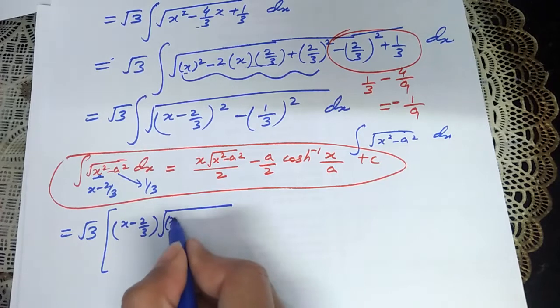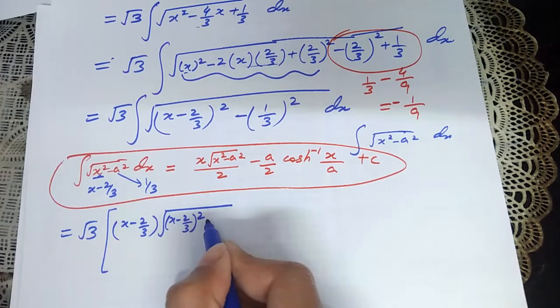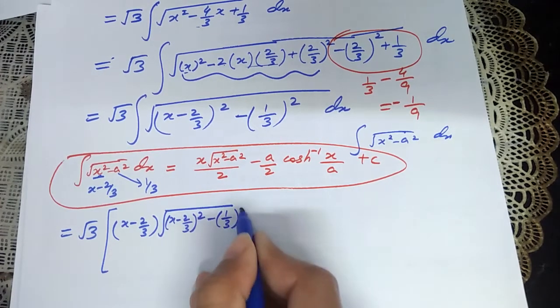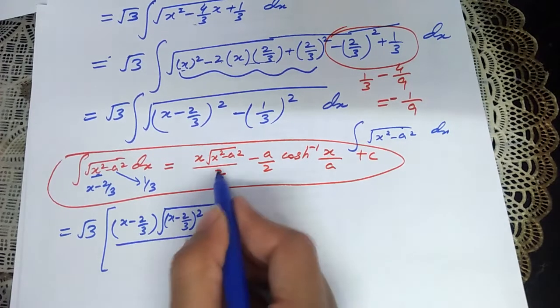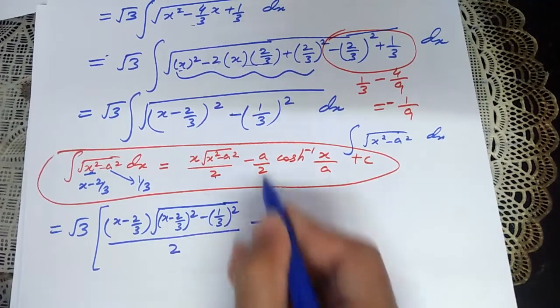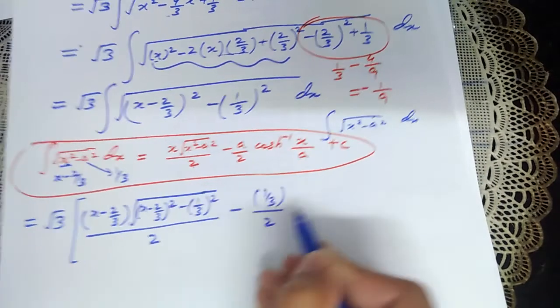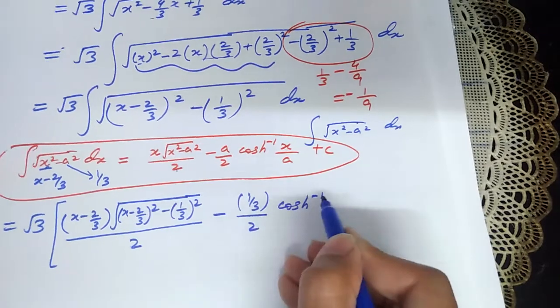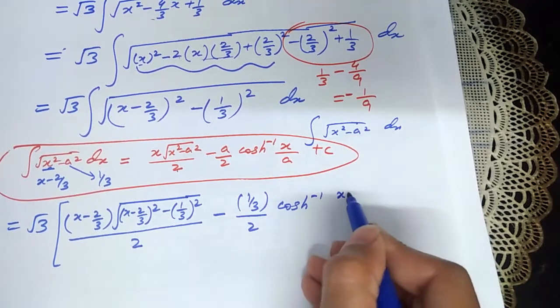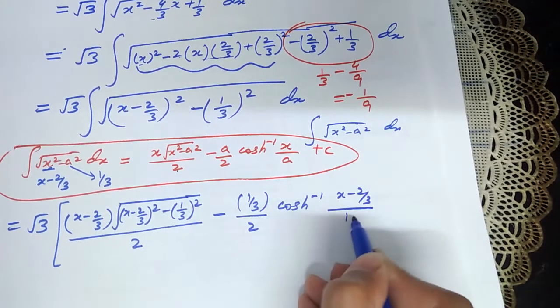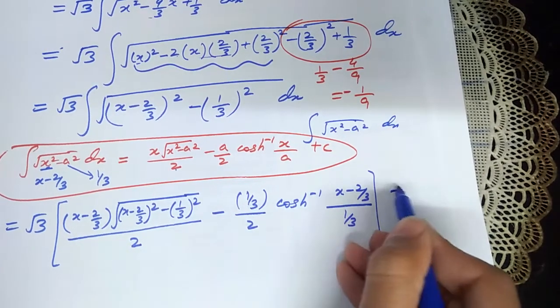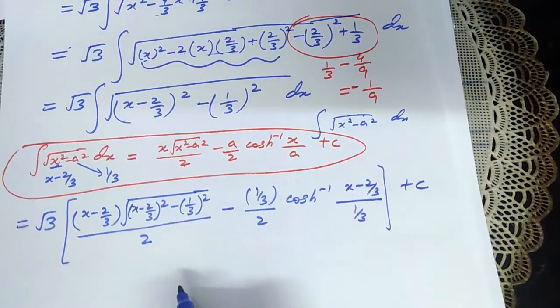So this is x minus 2 over 3 whole square minus 1 over 3 whole square, divided by 2, minus a square over 2, which is 1 over 3 whole square, divided by 2, cos hyperbolic inverse x, where x here is x minus 2 over 3 over this 1 over 3, and plus constant of integration.